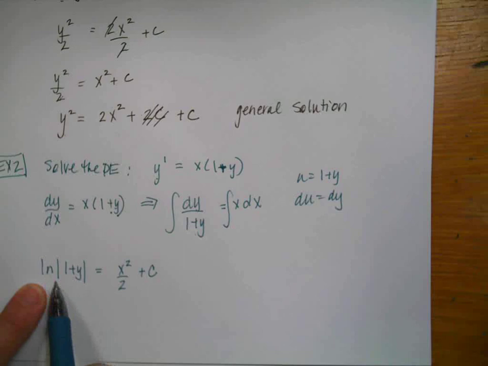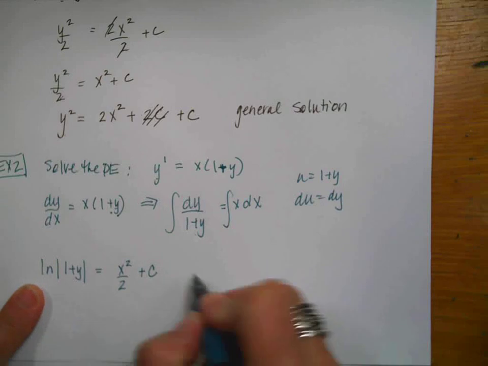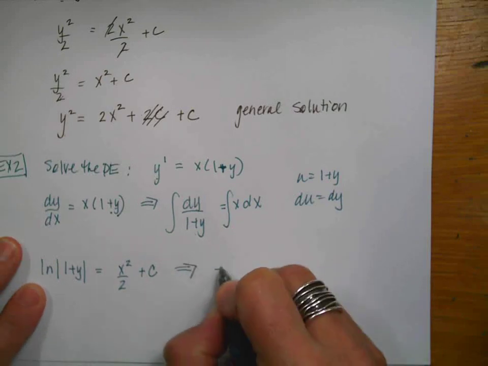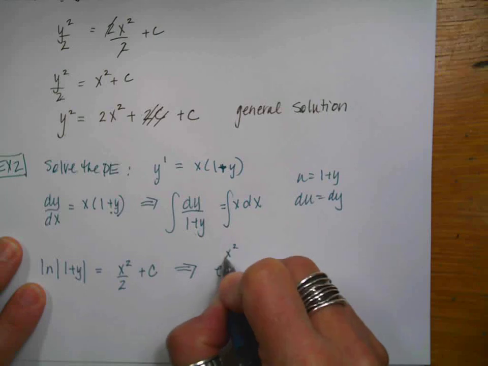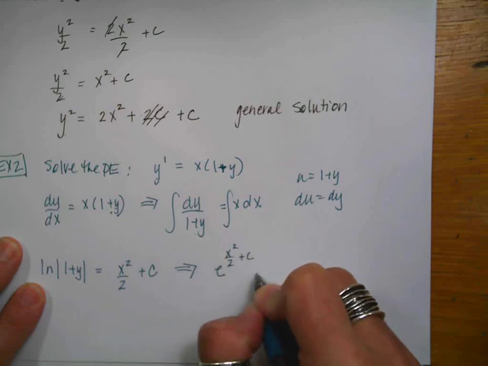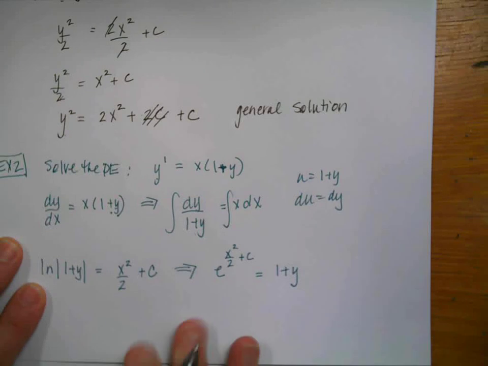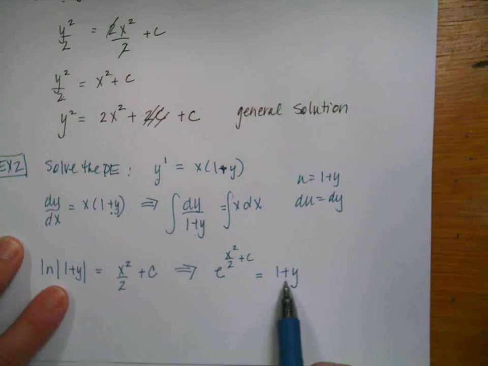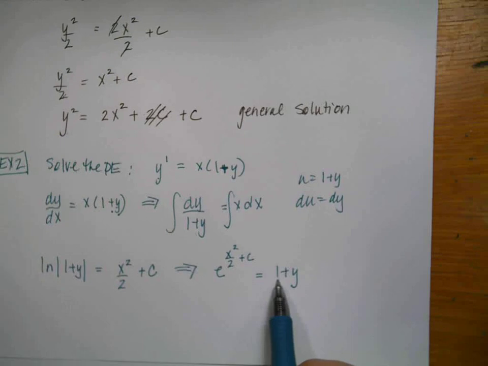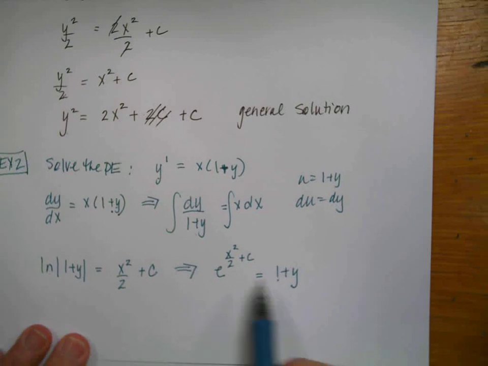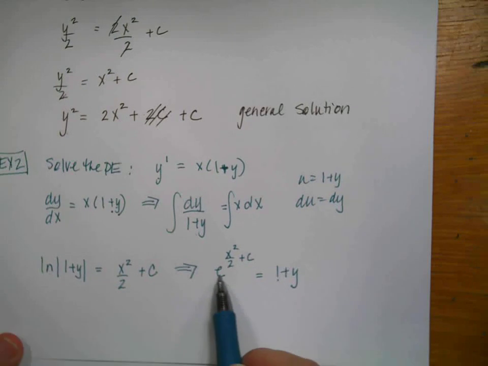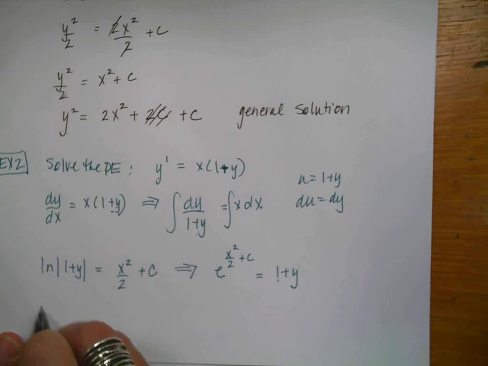It's in log form, so to solve for y, I'm going to go back to exponent form. I'm going to do that right here because I'm running out of room. e to the x squared over 2 plus c is equal to 1 plus y. The general rule of thumb at this point is that we lose the absolute value when we go to here. I'm going to rewrite this side by using my properties of exponents.